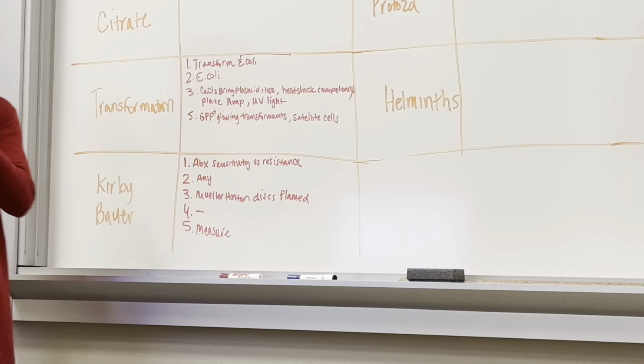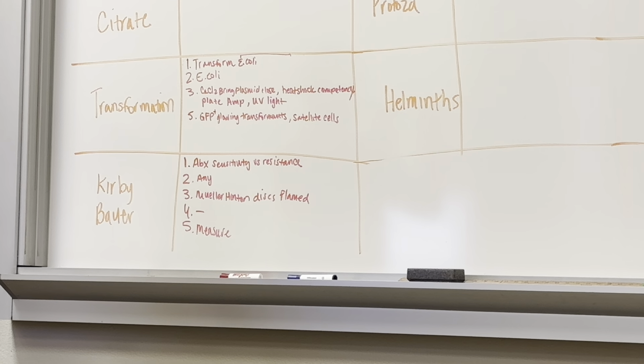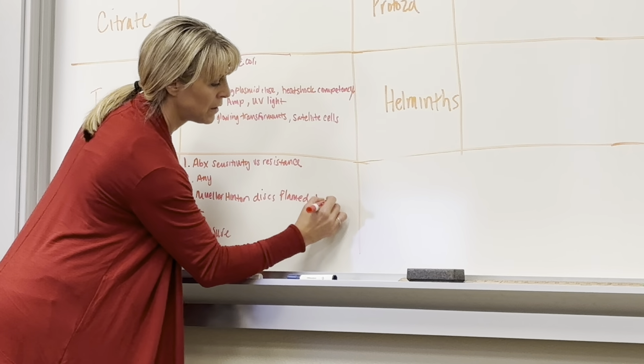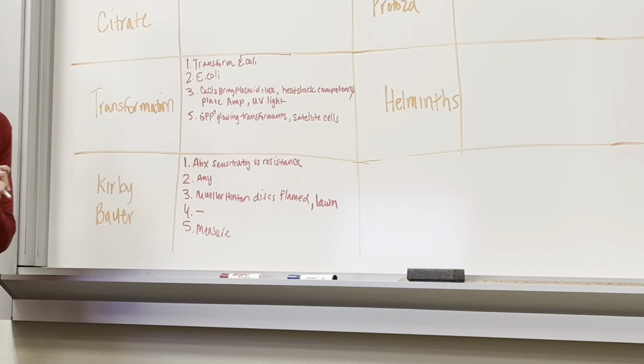You're going to measure the diameter of the clearing around the disc. What is that clearing called? It had a name, didn't it? Isn't it called a plaque? What was the circle? The whole thing, don't forget you have to do a lawn. I thought it was called a plaque, am I wrong?